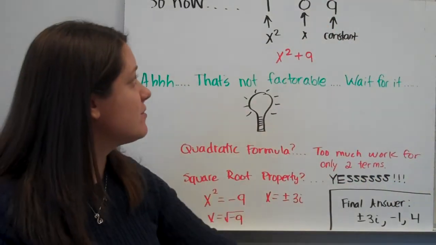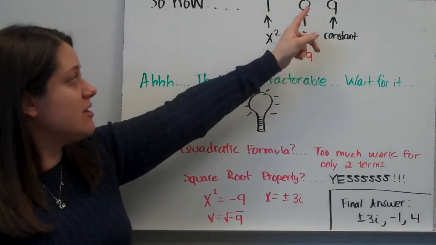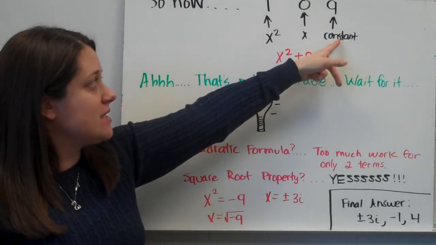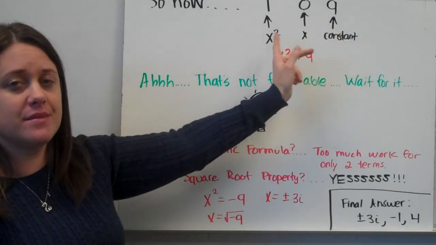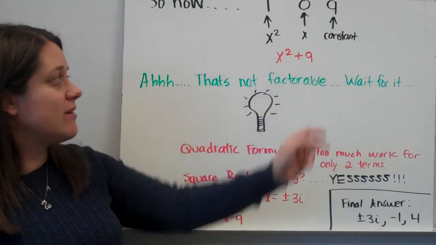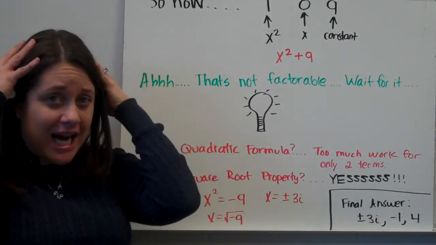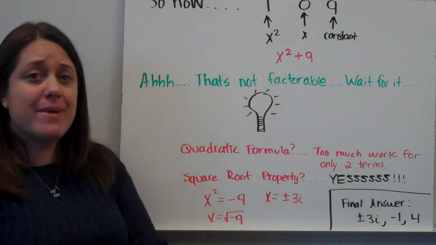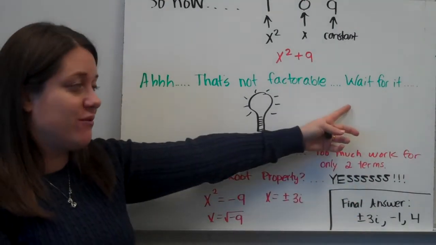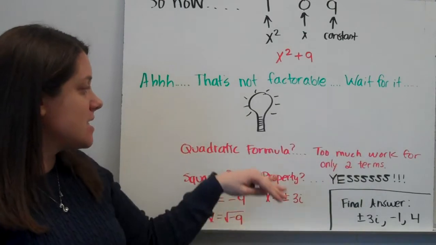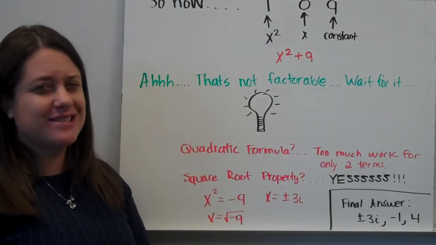Alright, so I go back. Here's the quadratic I'm left with. I was left with 1, 0, and 9. So there's my constant, there's my first term, there's my 2nd degree term, so I'm left with x squared plus 9. That's not factorable, what am I going to do? Wait for it. Quadratic formula?